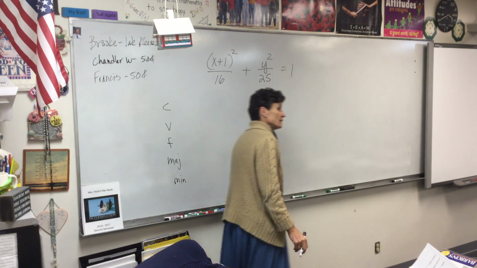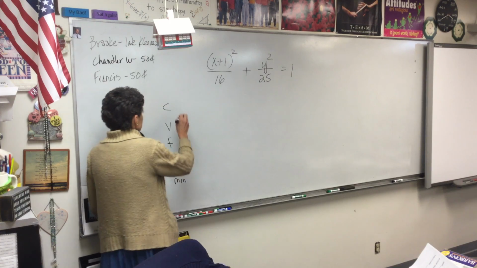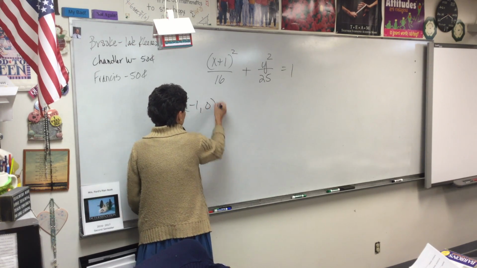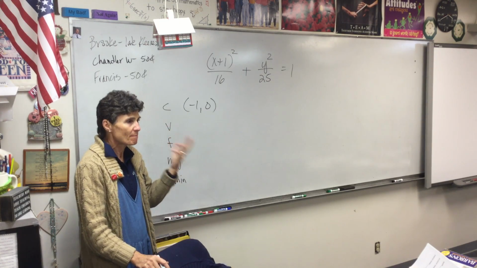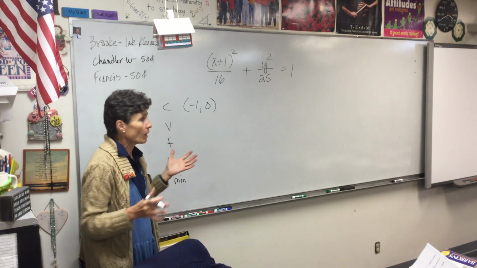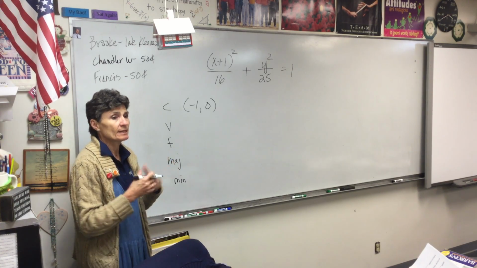All right, what can we fill in to get us started here? We know our center is -1, 0. I put one of the tricky, they're not supposed to be tricky, but sometimes we make them tricky. What does a plain y squared mean? 0. If there's nothing added or subtracted, it's 0.